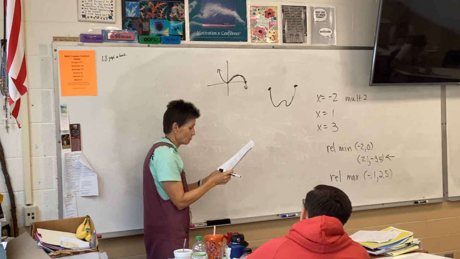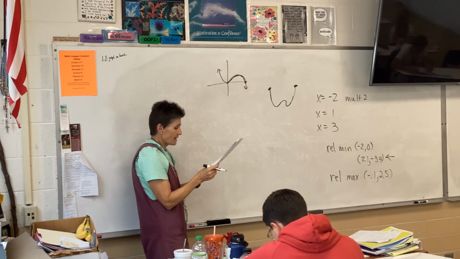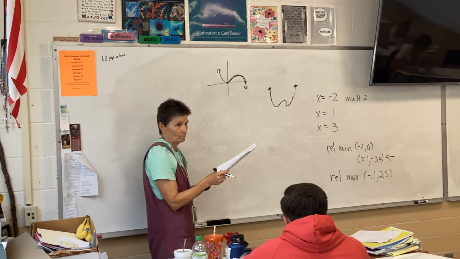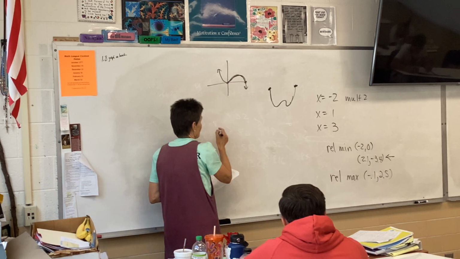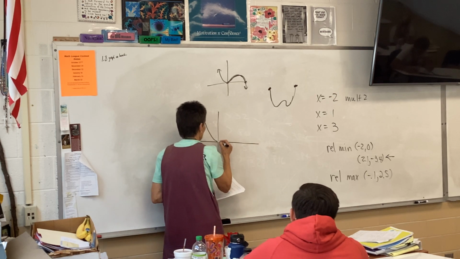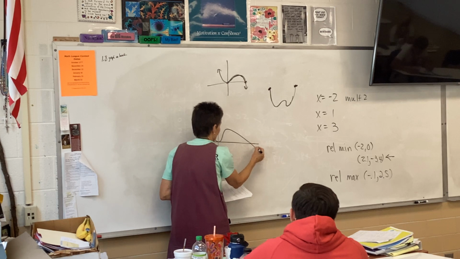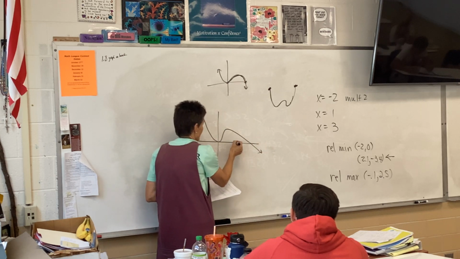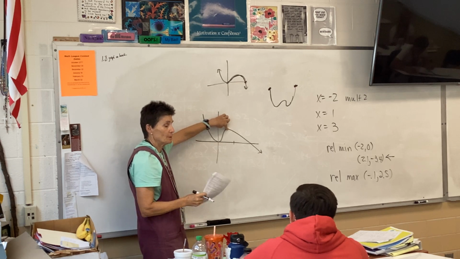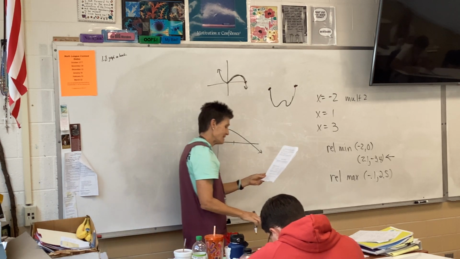No, that's not true. G has an absolute maximum or minimum at 2. Now the way I drew it is kind of deceptive. There's 2. Does that high point there have to be at 2? No. So it must be D.